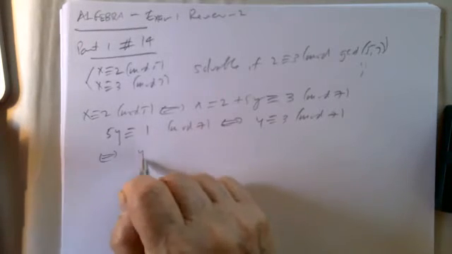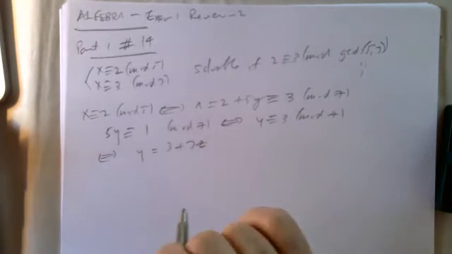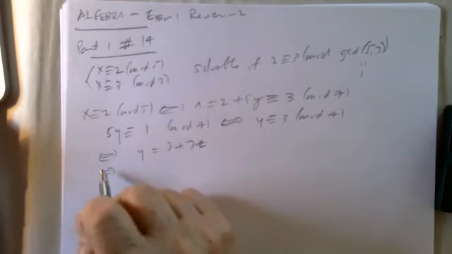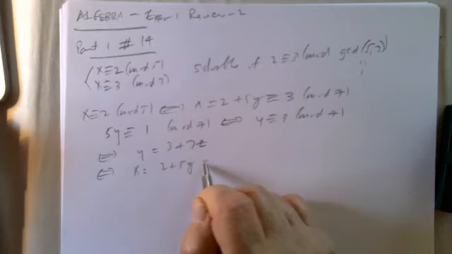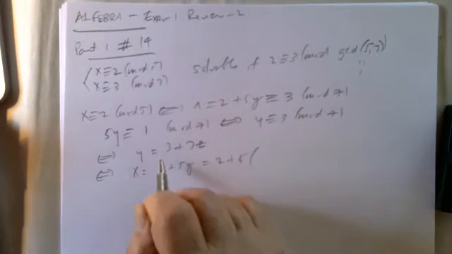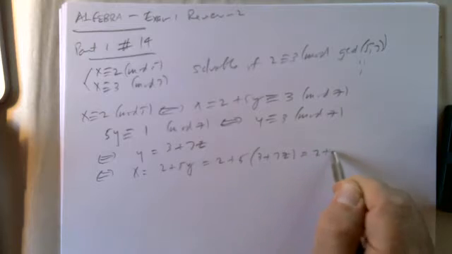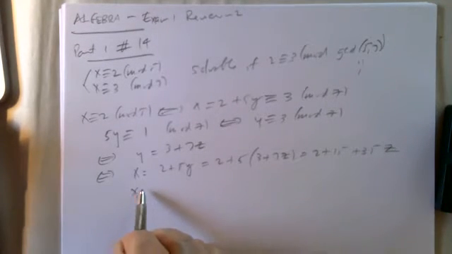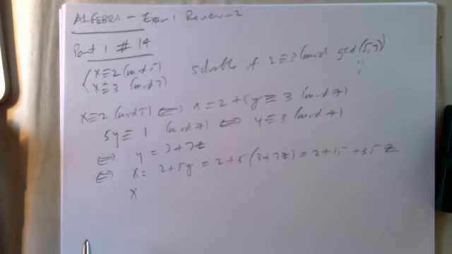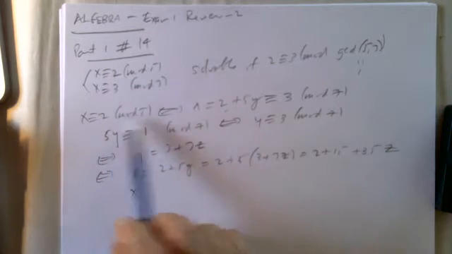So y is any number of the form 3 plus 7 times z. And x, which is 2 plus 5y, is 2 plus 5 times 3 plus 7z. Where did you get x equal to 2 plus 5y? That's how we started, the first congruence.